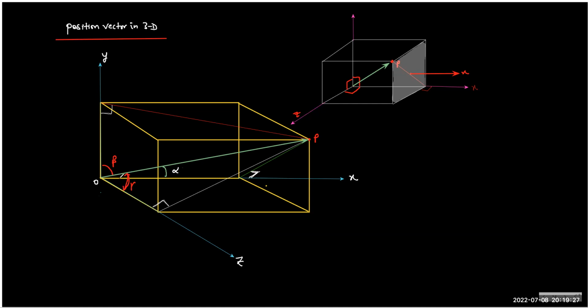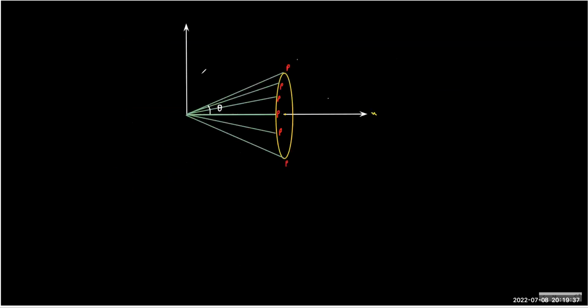And the triplet of angles will fix the line. Even if you give me 2 angles, you cannot fix it. How? I can draw one more cone. Understood?